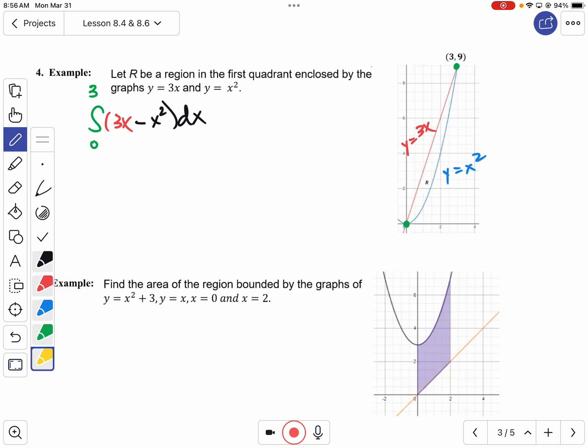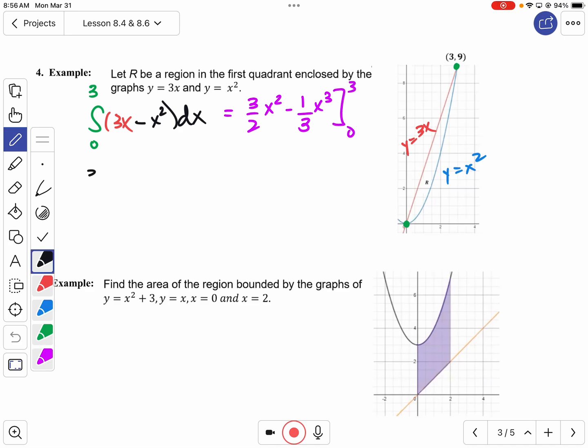All right, this is a simple one to integrate, so we're just going to get an antiderivative. What would be the antiderivative of 3x? 3 halves x squared, and then the antiderivative of x squared, 1/3 x cubed. We're going to evaluate from 0 to 3.